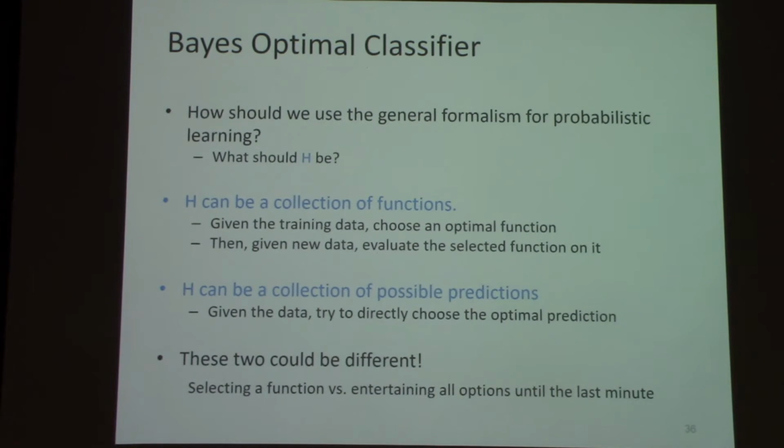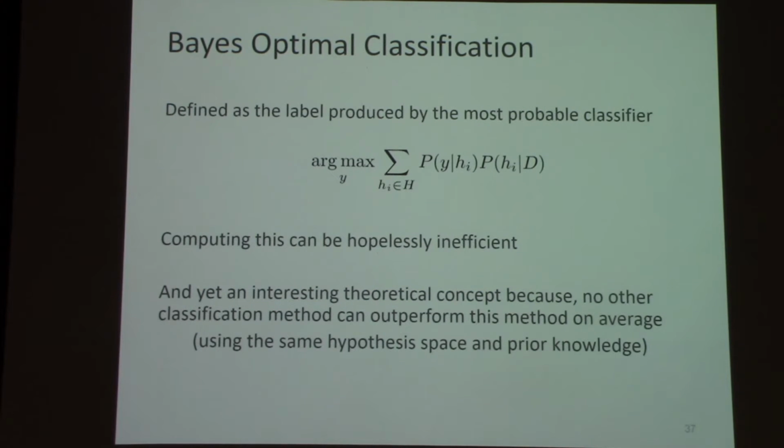So, to make it more formal, the Bayes optimal classification is the label that's produced by the most probable... Okay, so there's a mistake here. Defined as the most probable label.